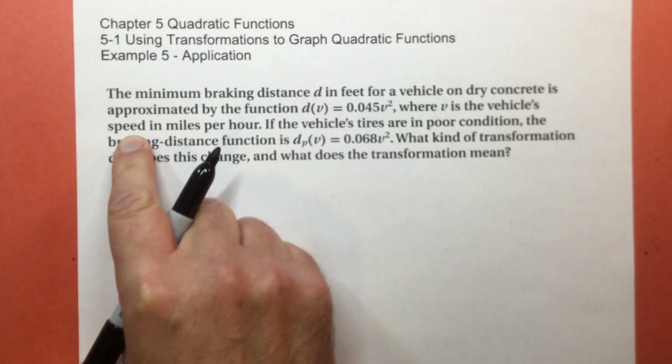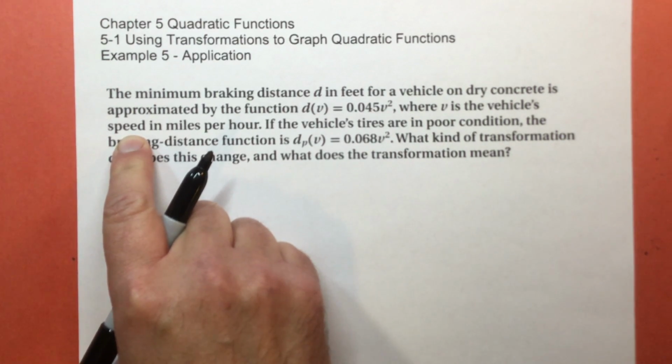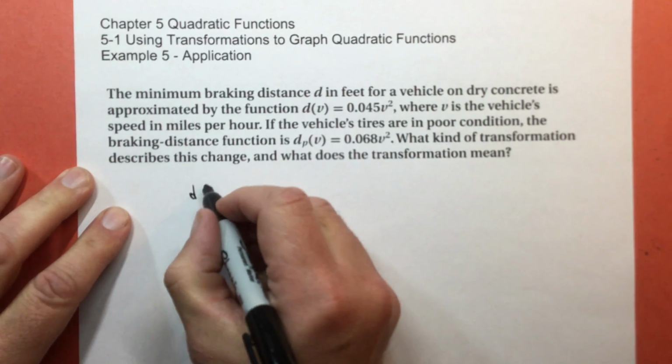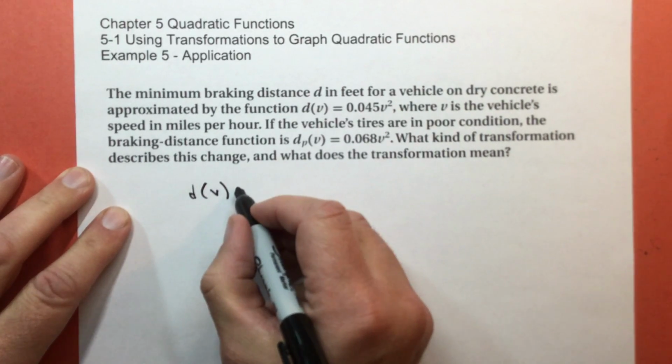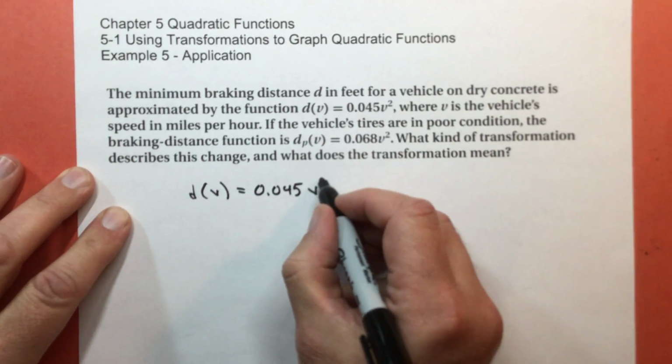Velocity means speed in a direction. Okay, so there's a little bit of physics there, but at this point most of you haven't had physics, so it'll be okay. We can interchange them. So distance based on velocity is 0.045 v to the second power.